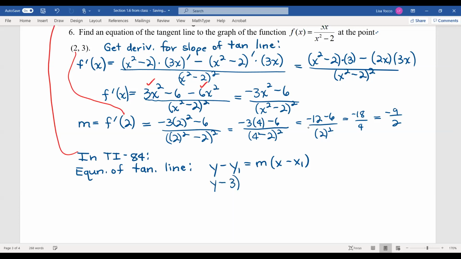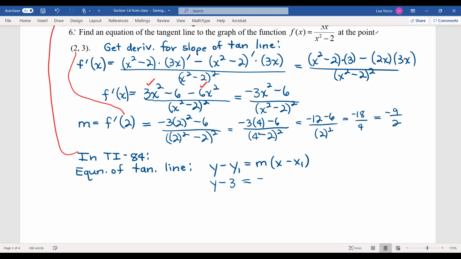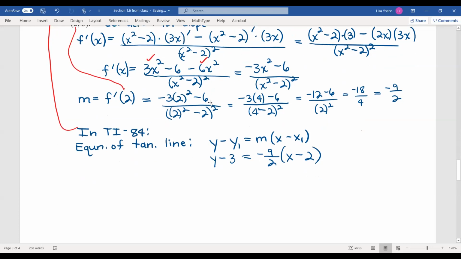So 3 is the y coordinate. The slope, negative 9/2, or if you use negative 4.5, it should be fine. If not, it'll tell you, you know, they want it as a fraction.